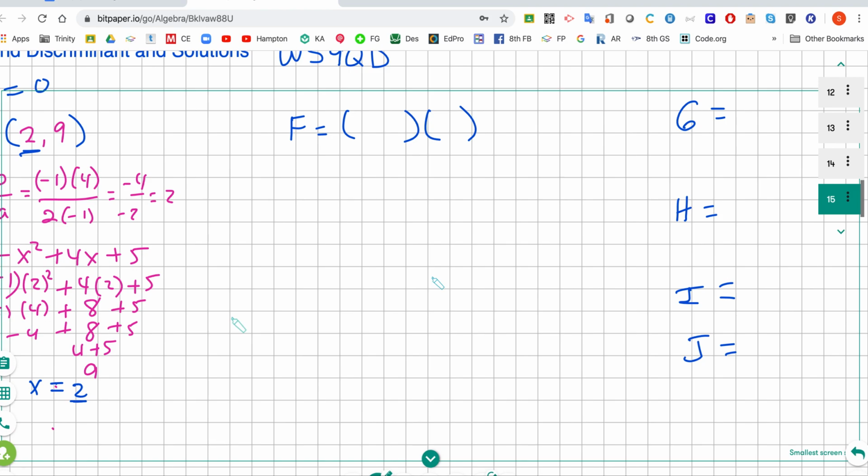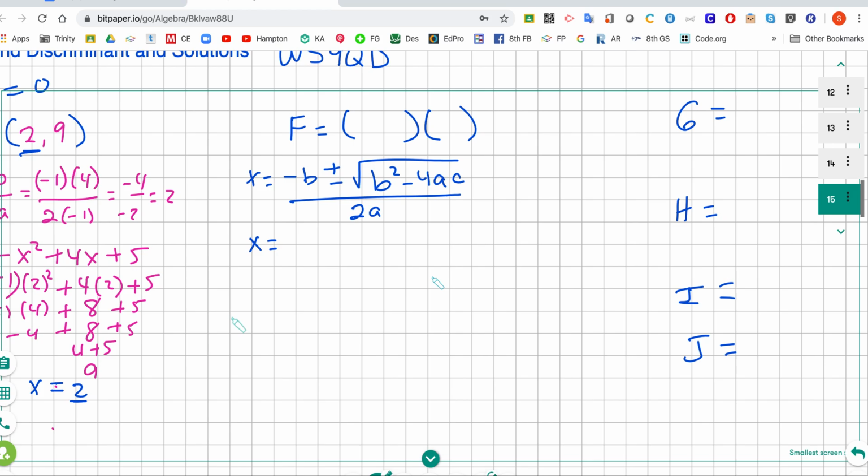Now we're using our quadratic formula because we also have to identify our discriminant. So x is equal to -1 times b plus or minus the square root of b squared minus 4ac all over 2a.